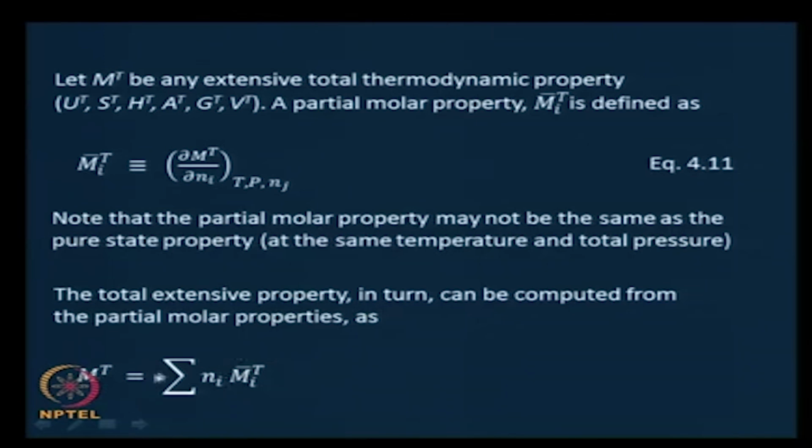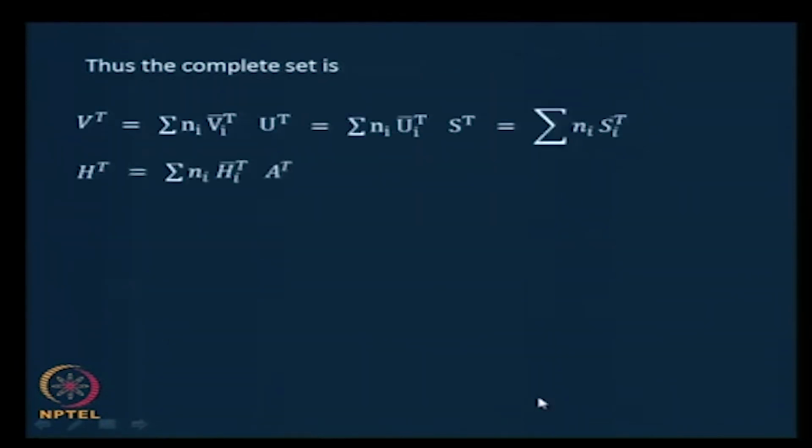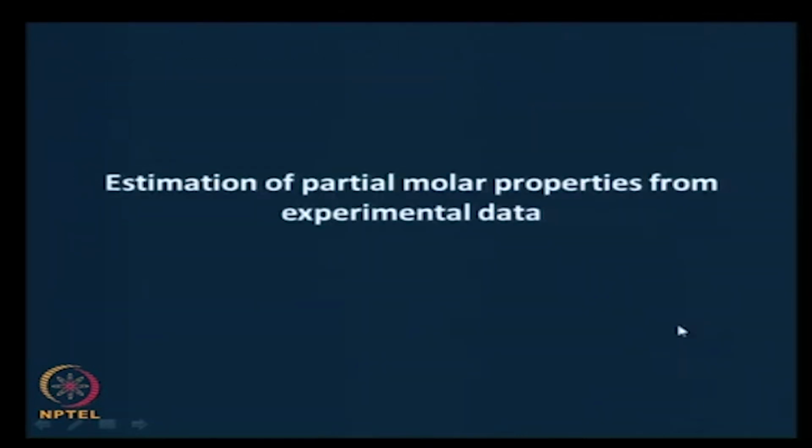The total property is nothing but the weighted sum of the partial molar properties weighted with its number of moles, and we had the complete set of partial molar properties here. Total volume in terms of the partial molar volume, total internal energy in terms of the partial molar internal energy, and so on, till total Gibbs free energy in terms of the partial molar Gibbs free energy.